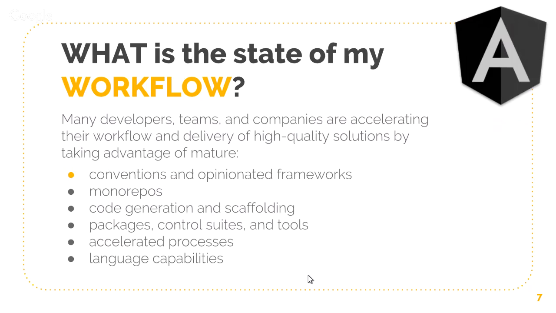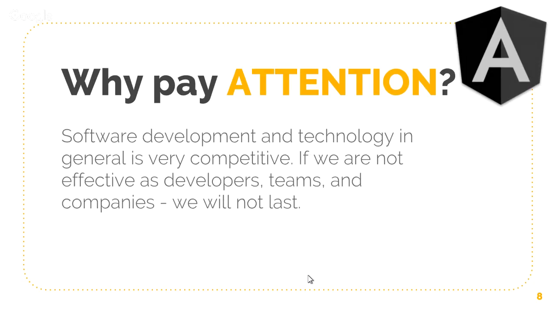So we have lots of capabilities now that we never had before. If you're taking advantage of these things, then you're probably going to be successful. So we need to pay attention because it's pretty competitive out there. And if we're not effective as a developer, or our team is not effective, and our company is not effective, we're not going to last.